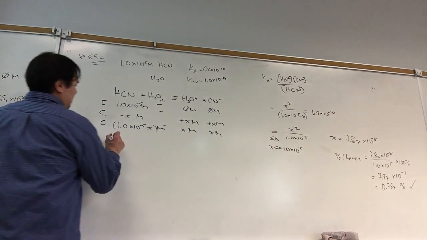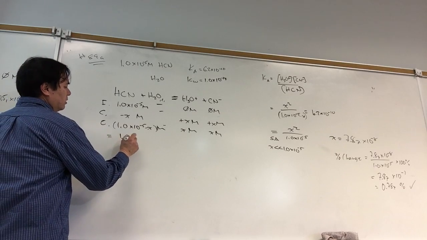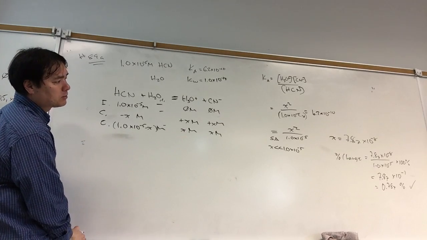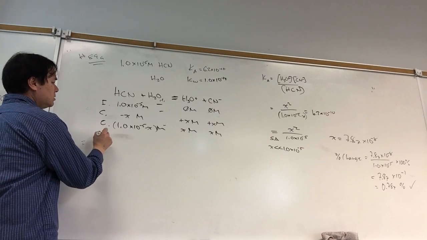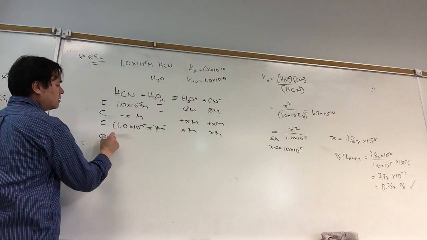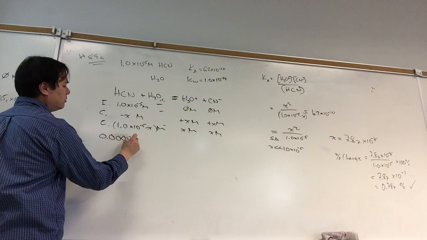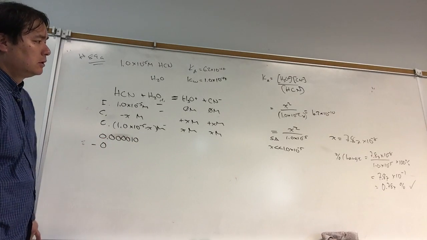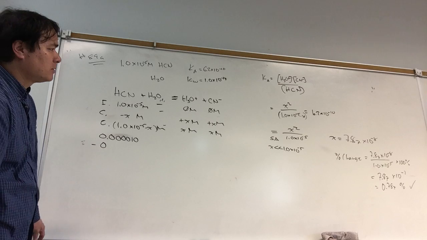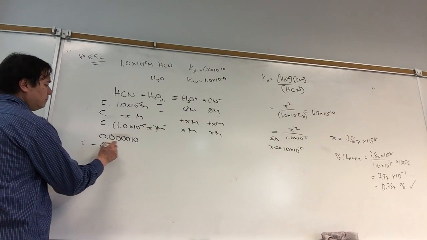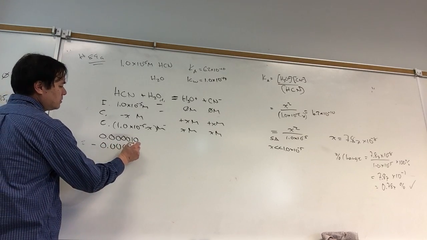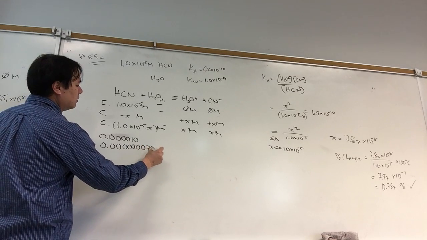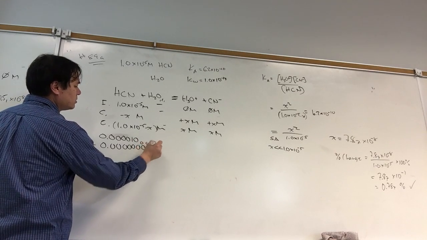And so my HCN concentration is going to be 1.0. Actually, you know what? I'm going to write this in decimal form. My HCN concentration is going to be 4 zeros, 1, 2, 3, 4, and then 1 0. And then I'm going to lose, all right, this is 787, so I need 7 zeros, 1, 2, 3, 4, 5, 6, 7 zeros, and a 787. So I'm going to carry some extra zeros here.